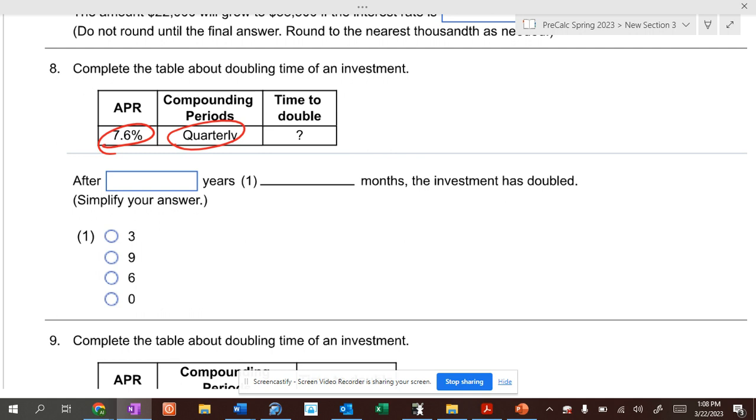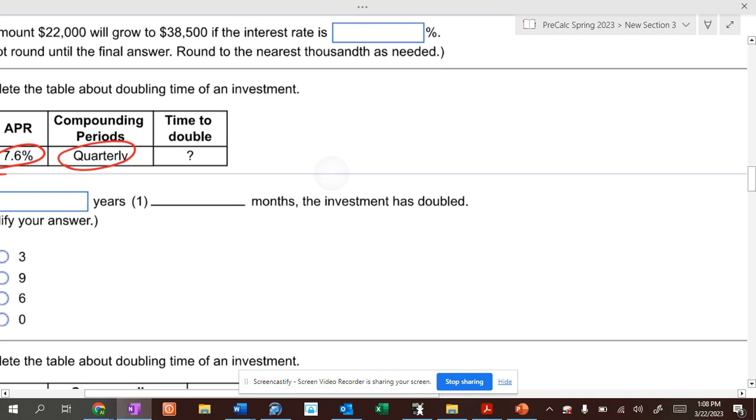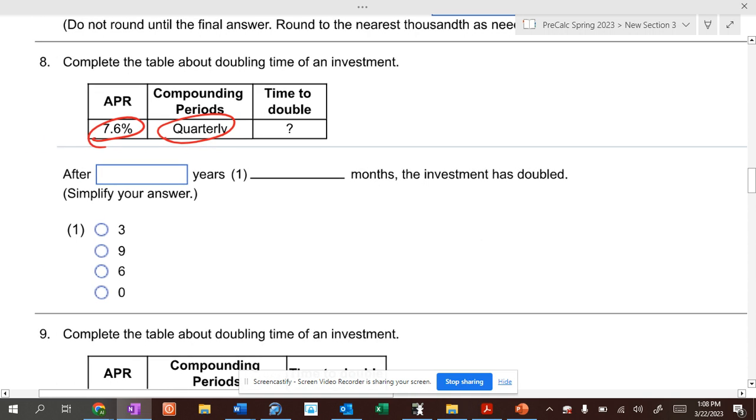So what you have to do is figure out the actual interest rate first and then divide. So the APR is 1.076.